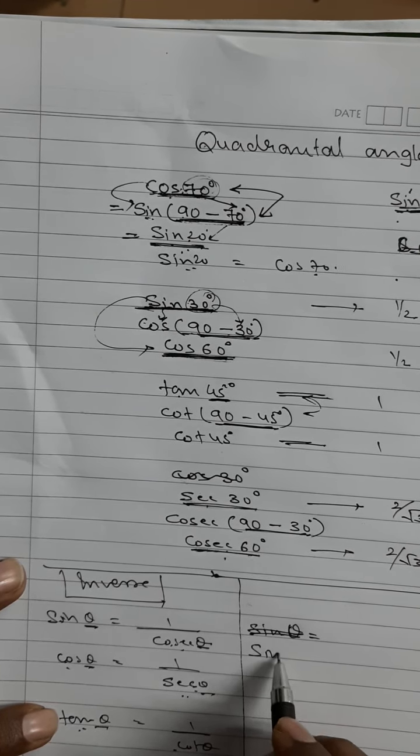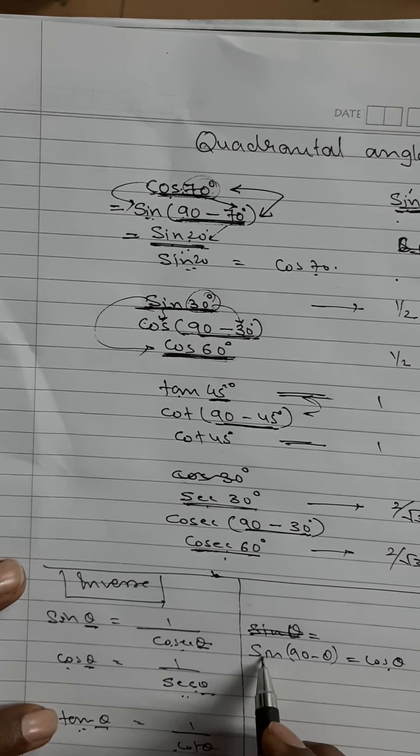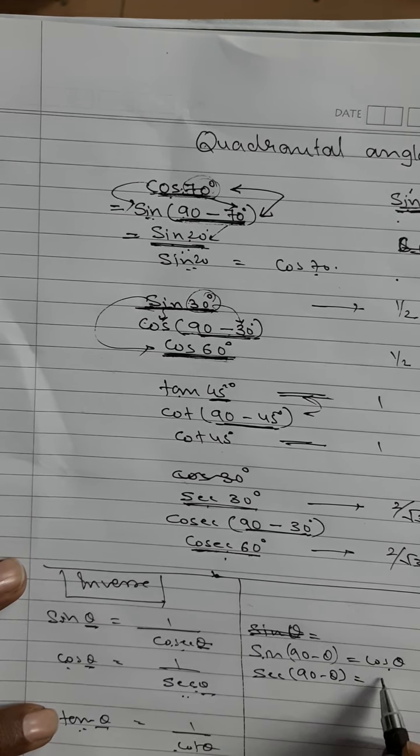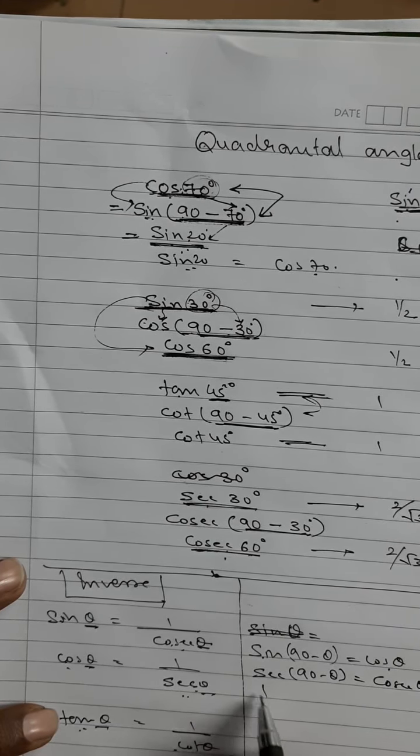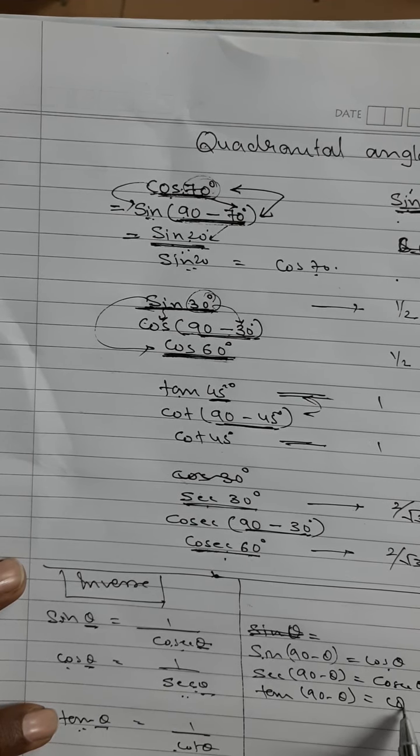Actually, it is written in this formula. Sine 90 minus theta is equal to cos theta, and similarly cos 90 minus theta is equal to sin theta. Sec 90 minus theta is equal to cosec theta. Tan 90 minus theta is equal to cot theta.